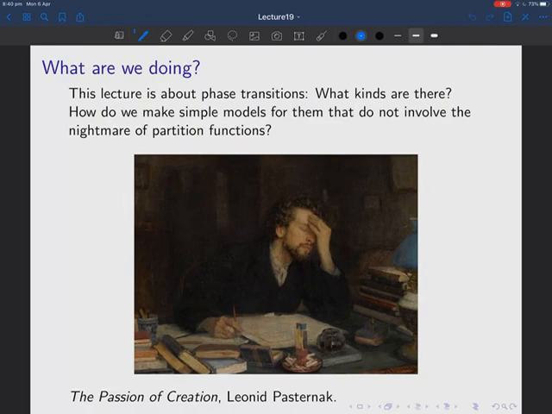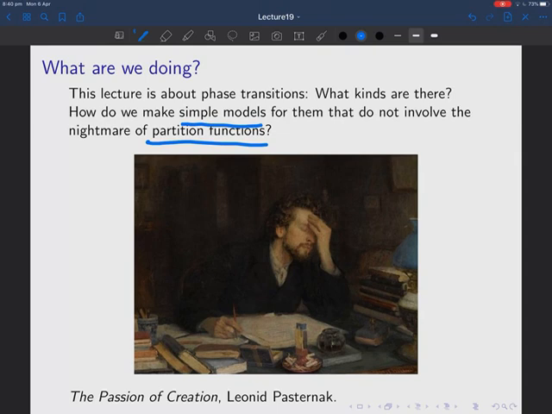Okay, so what are we going to do? This lecture is about phase transitions. What kinds are there, and how do we make simple models of them, which do not involve the nightmare of partition functions? So you've all been introduced to partition functions, and that's the exact way of doing statistical mechanics. There's a machinery there, which in principle you put in your system, you crank the handle, and out comes the answer.